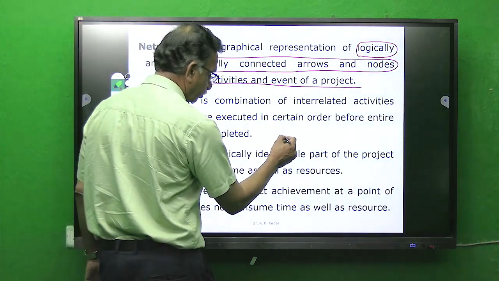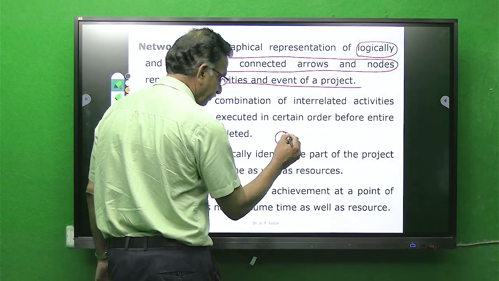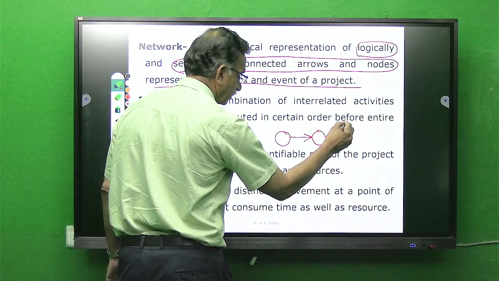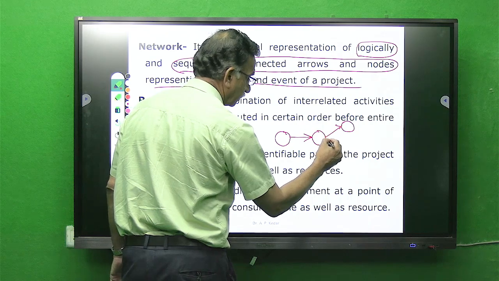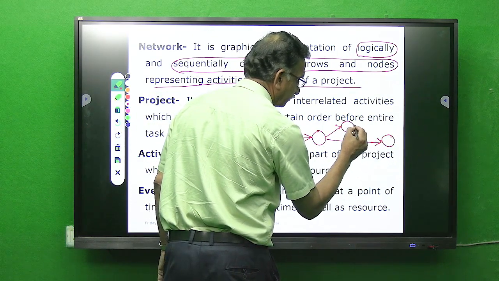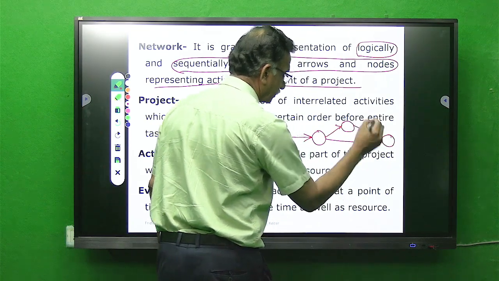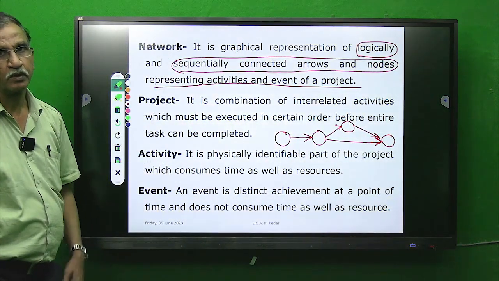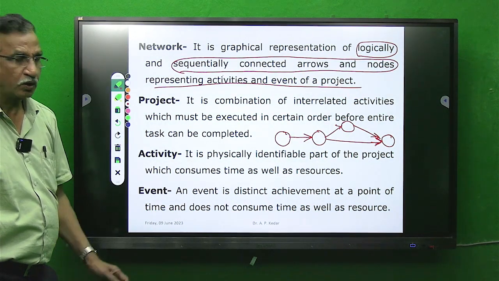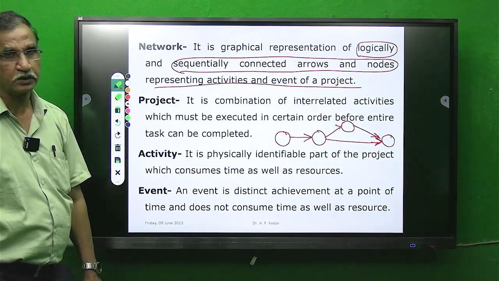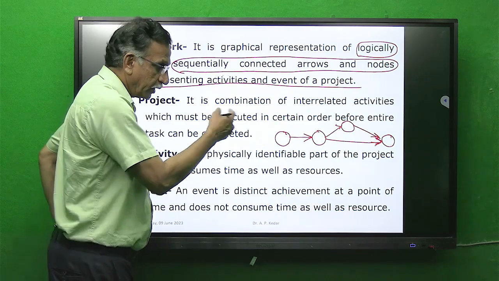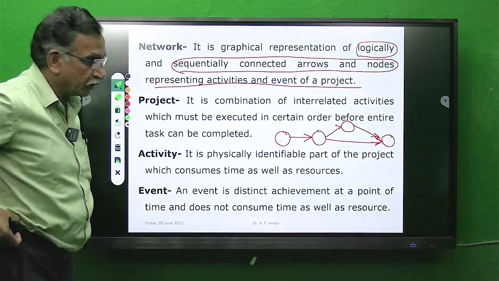I will explain through this very simple diagram. Students, what I have drawn on the board is a network. Again, I will be explaining these things in detail in the further part.